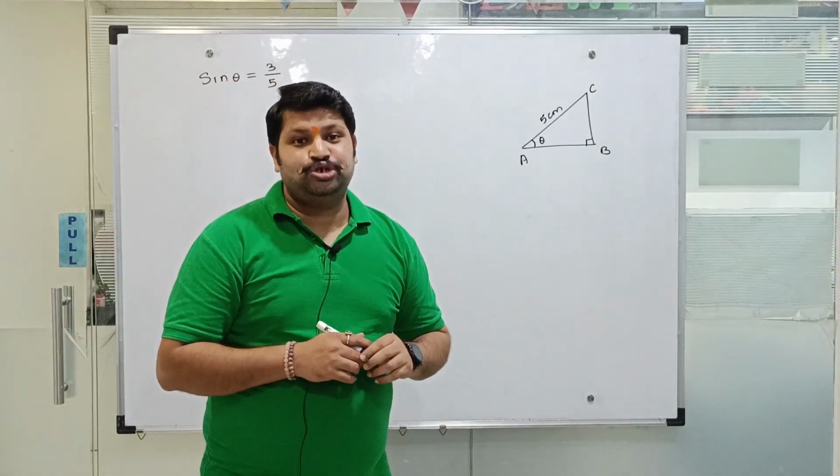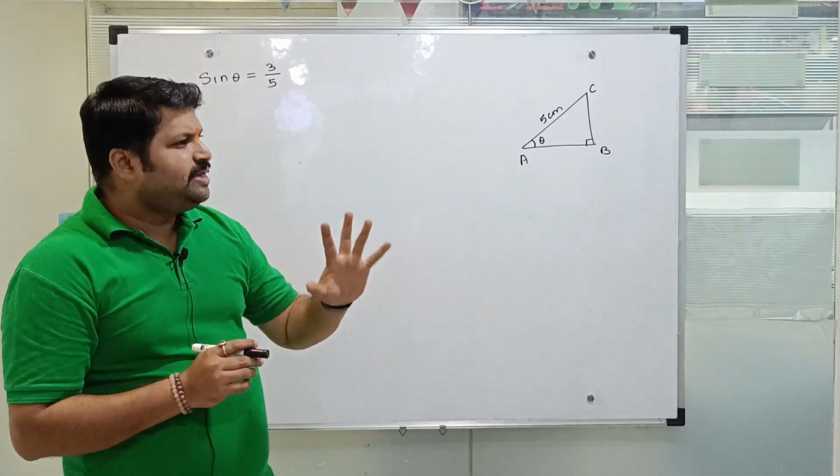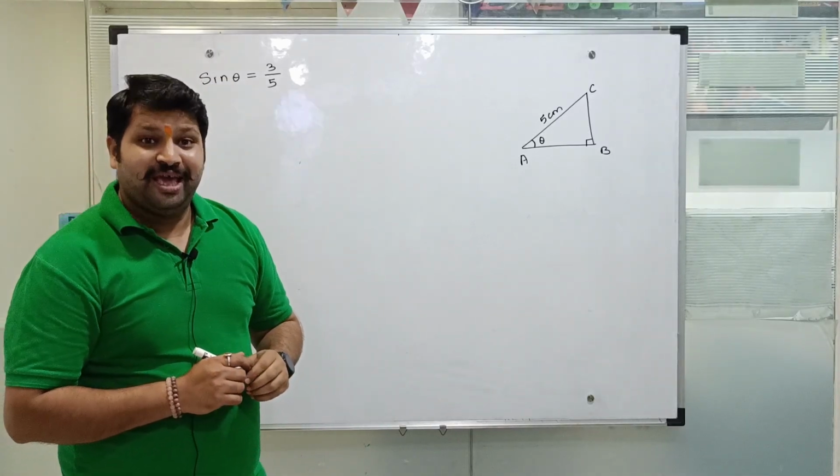Since we are dealing with ratios, we take a common multiple. Let the common multiple be k.